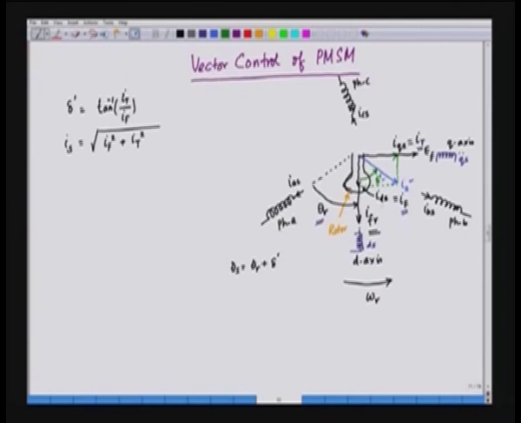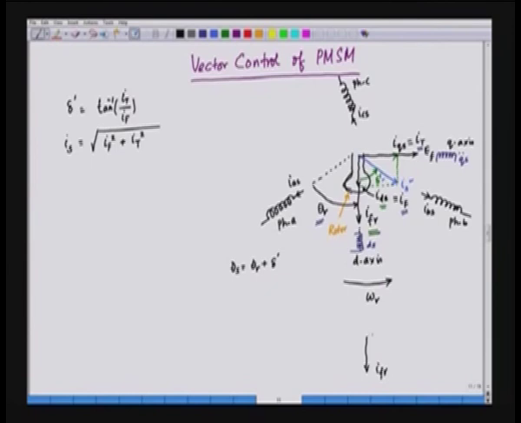Here we can see that IDS is helping the rotor flux, that is IFR. IDS and IFR are in the same direction. Now, if we take a situation where we have the field current here, IFR, and we need to go for flux weakening, the resultant flux has to be reduced.